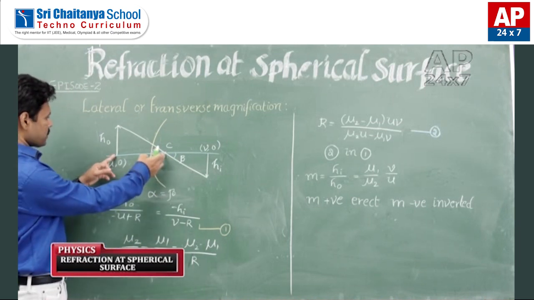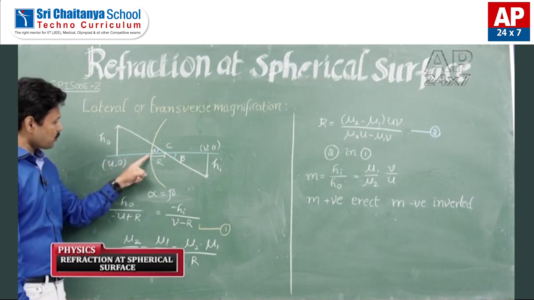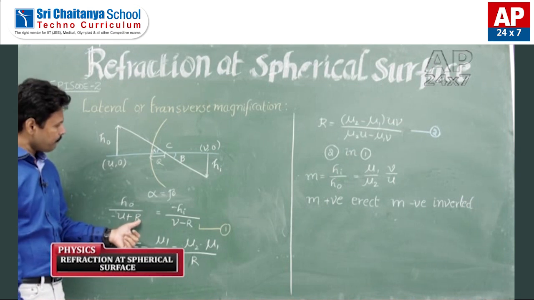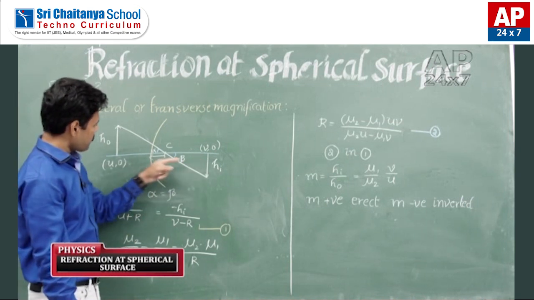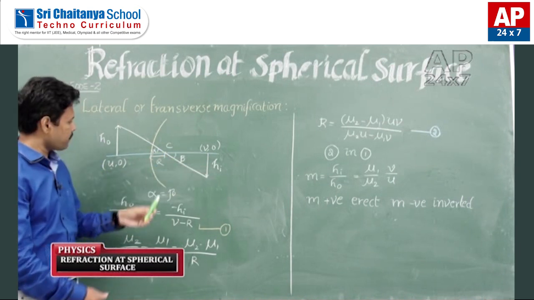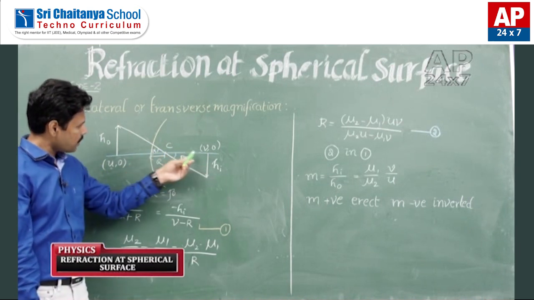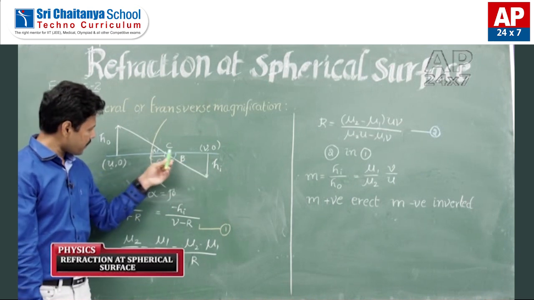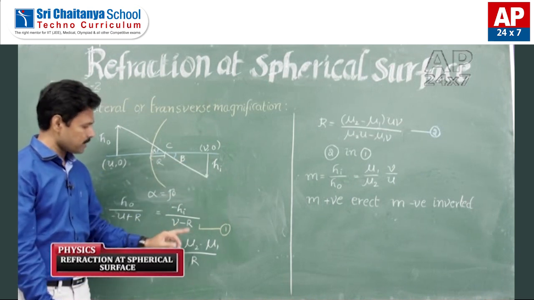This total value is minus u plus r, and this total one, from the pole up to the image, is v. From that subtract r, so it is v minus r.